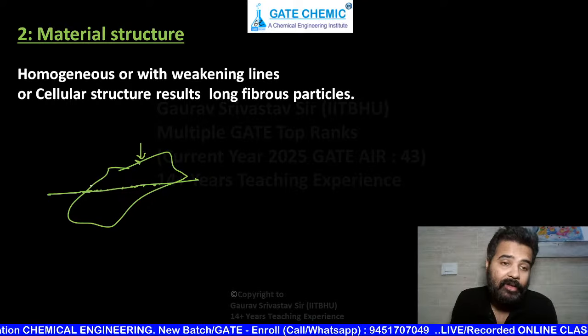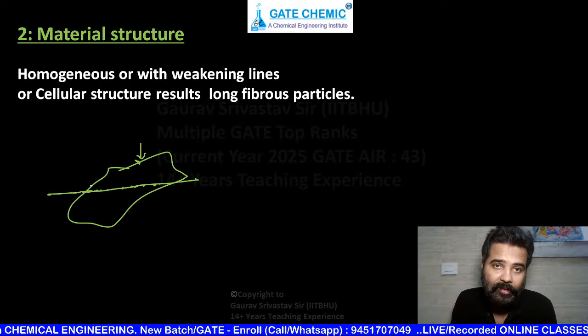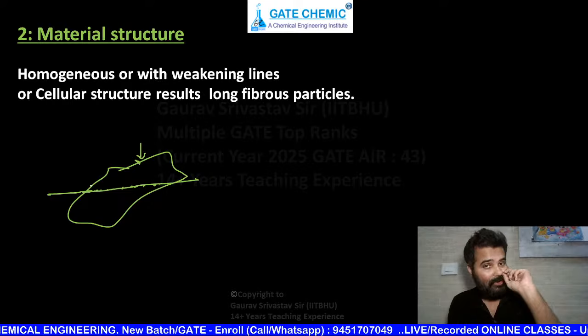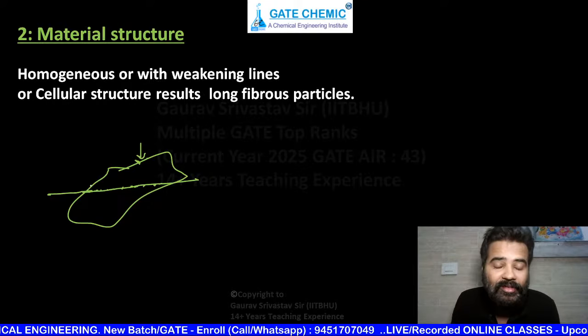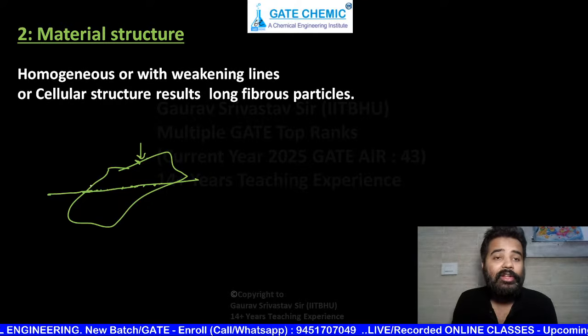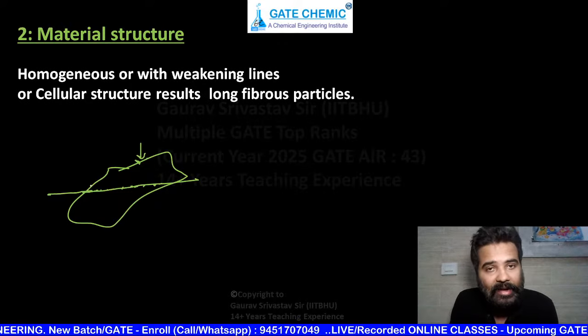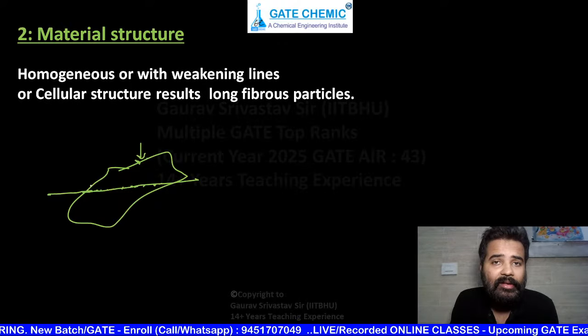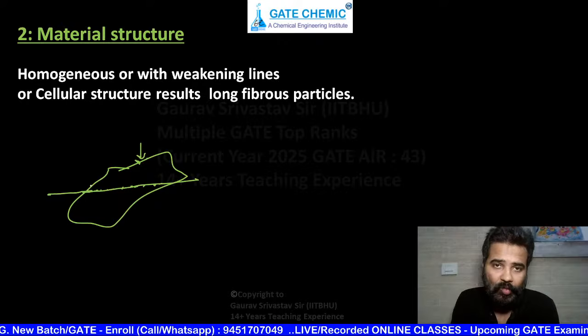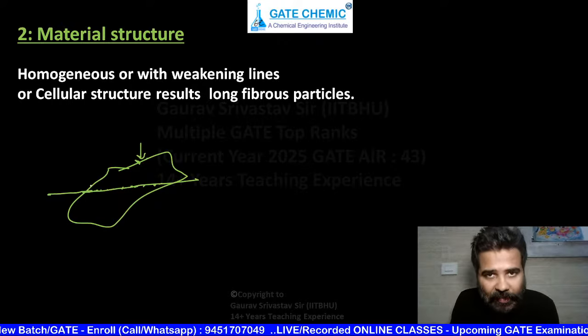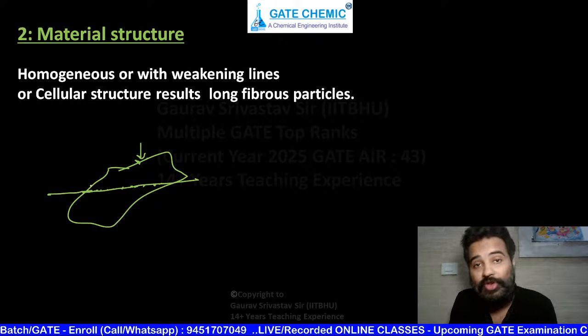Clearly, if you take two materials, and in one material weakening lines are there, in the second one weakening lines are not there, the material in which weakening lines are there, you can crush easily, and reduce its size easily.